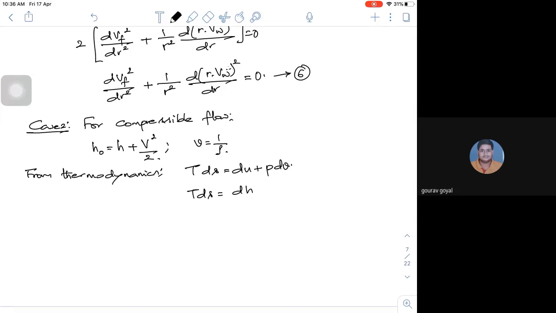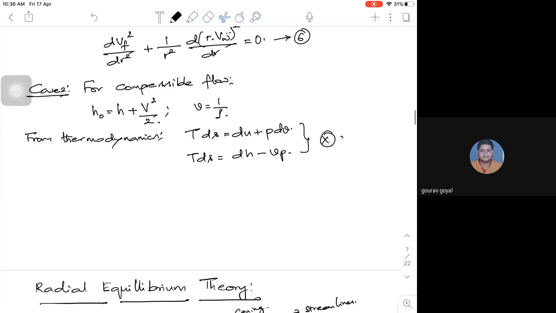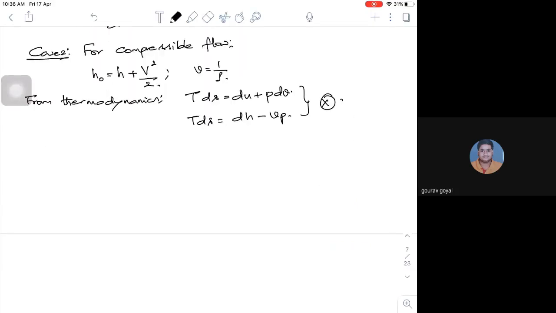You will have to remember this derivation has been done in your basic thermodynamics class. I am going to take the second equation and try to see what could be done. TdS is equal to dH minus VdP. Writing V in terms of density, TdS is equal to dH minus dP by rho.